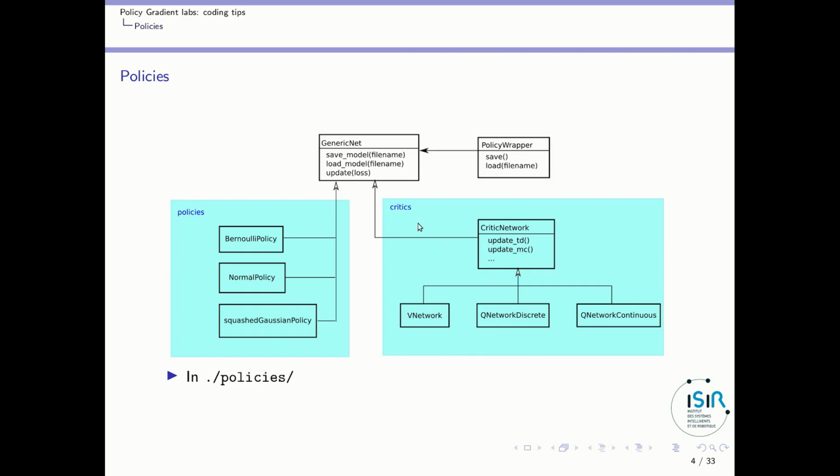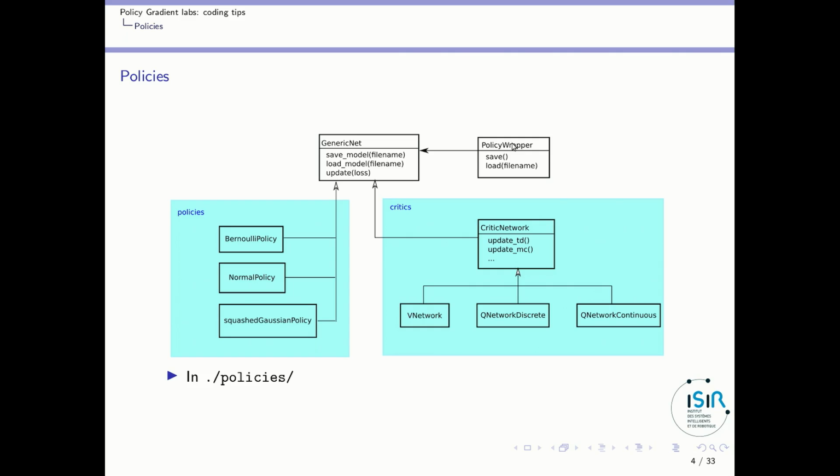Here you have a general view of the classes that are used to represent policies, and let me say that the generic net class here is also useful for the critic, which are also neural networks. So a generic net is used to represent any neural network, and what's important is that you can save and load a neural network.